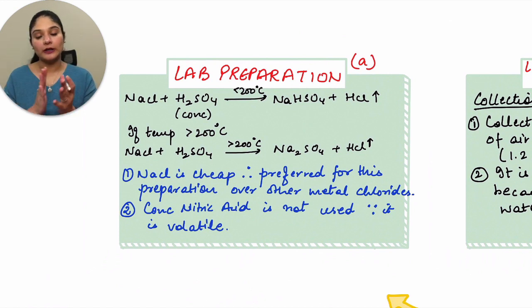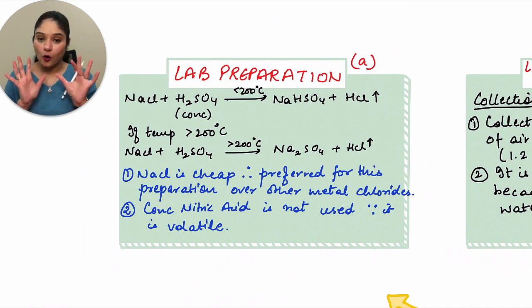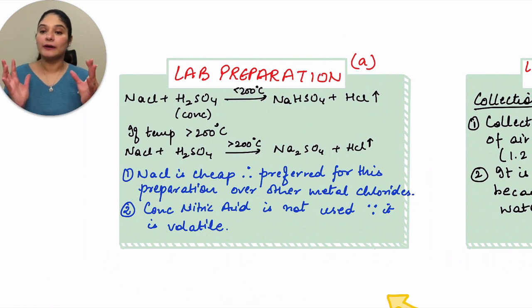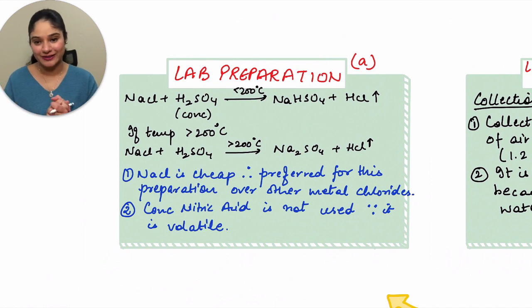Although above 200 degrees Celsius more HCl gas comes out, that is not efficient for us because it causes more damage than it gives us HCl. So that is the reason we maintain the temperature lower than 200 degrees Celsius.